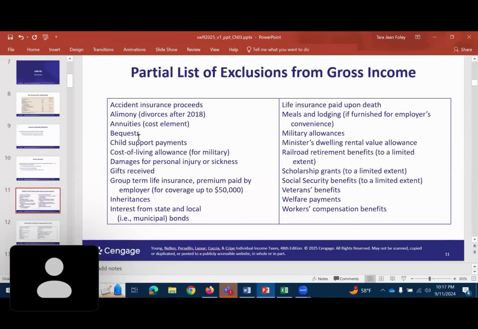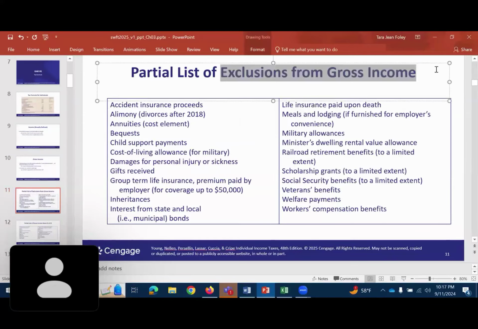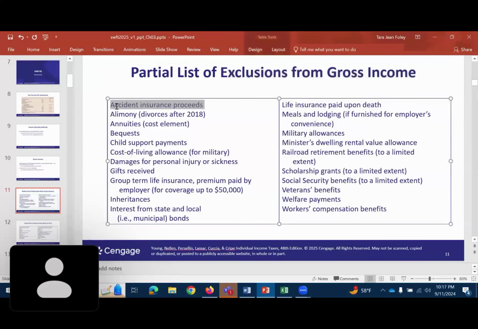So here are some examples of exclusions from gross income. If I get into an accident and I get insurance proceeds, that's excluded from gross income. You don't list it out. Alimony for divorces after 2018. If I got divorced in 2017 and I received alimony, that's going to be included.